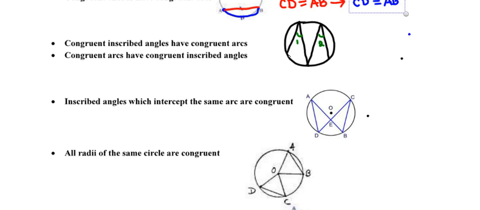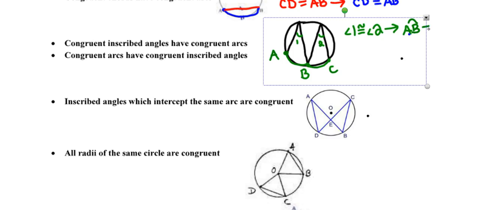And if those two angles are congruent, the arcs that go along with those two angles have to be congruent as well. I might call those 3 points A, B, and C just so that I can talk about them. So when the inscribed angles are congruent, the arcs are congruent.